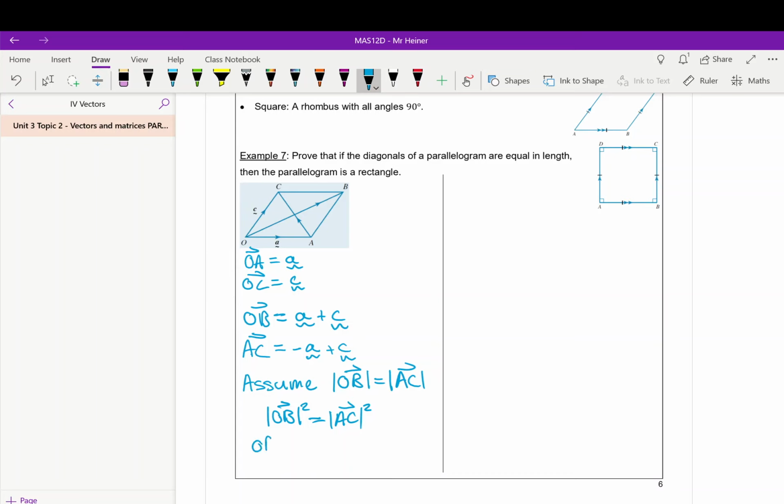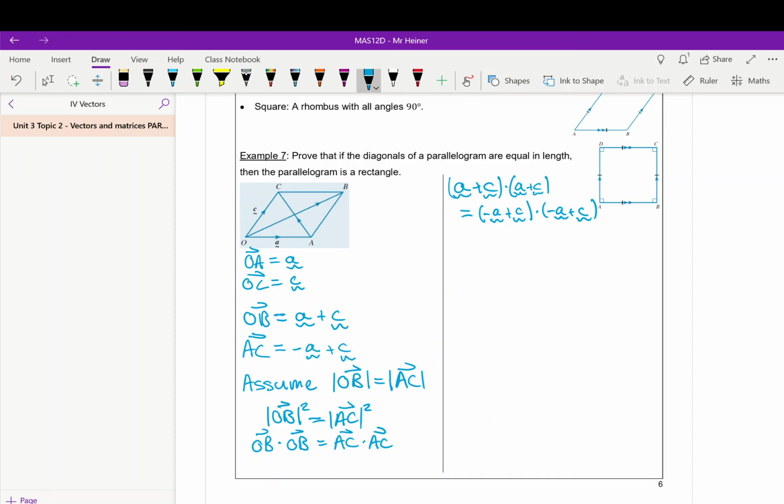So this becomes OB dot OB, and this becomes AC dot AC. So what does that give us? That gives us (a plus c) dot (a plus c) is equal to (minus a plus c) dot (minus a plus c).